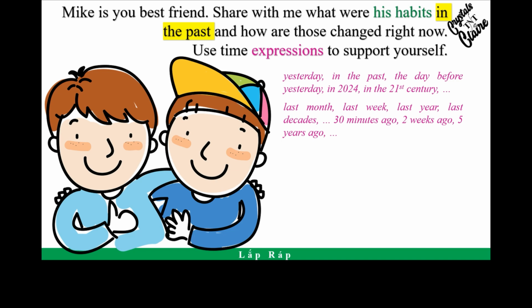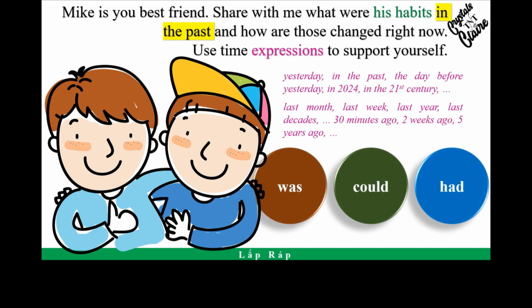Yes, something changed. 5 years ago, my friend played tennis, but right now he does martial art. 30 minutes ago, he loved milk tea, but right now he choose coffee. Okay, yes. Mike, I don't know your friend, how old is he? He's not supposed to be a kid, but you just compare one thing in the past and one thing in the present. Okay, you can also use was, could, had.